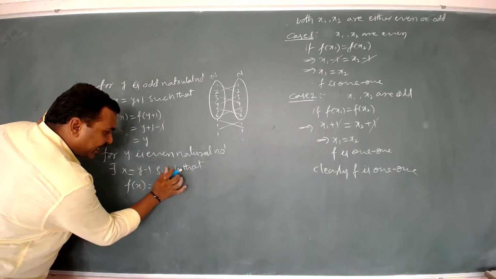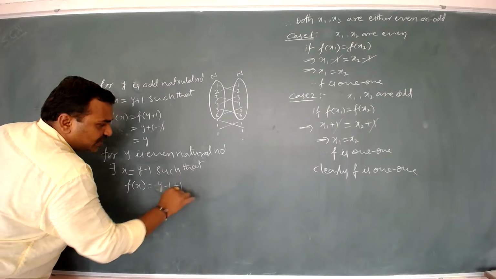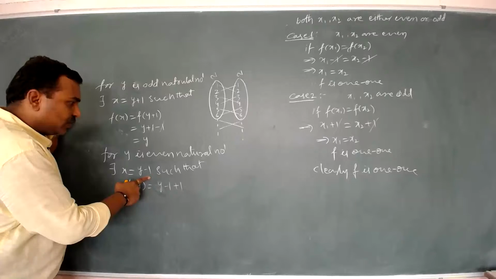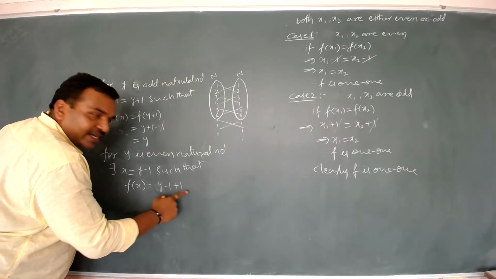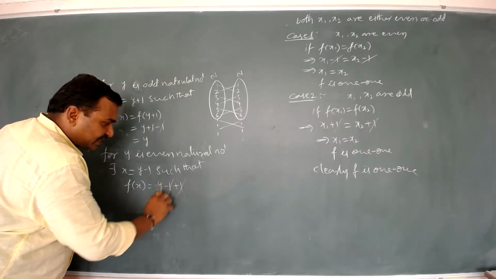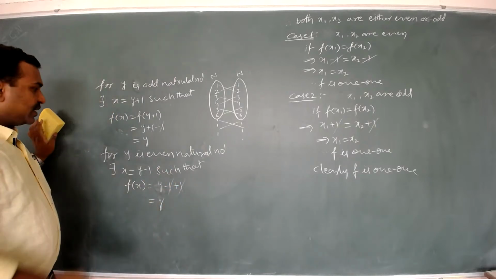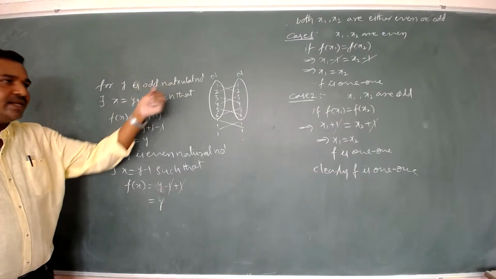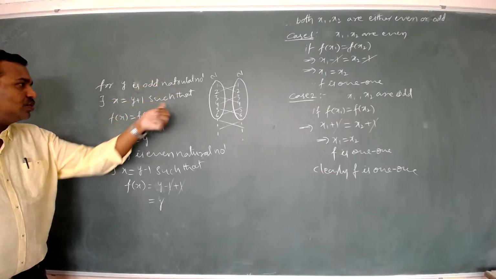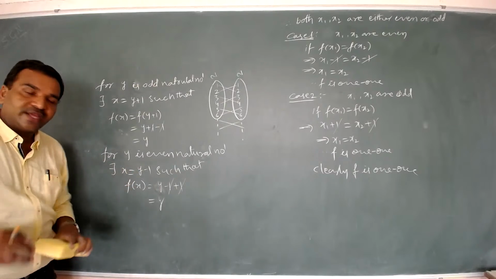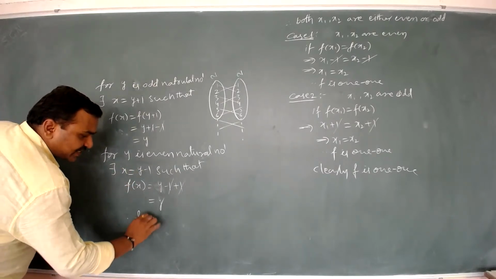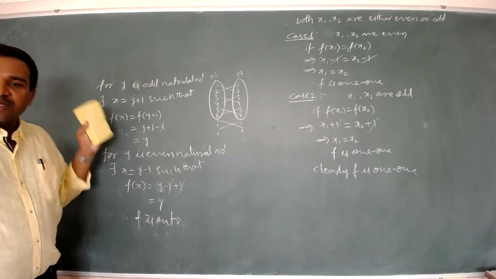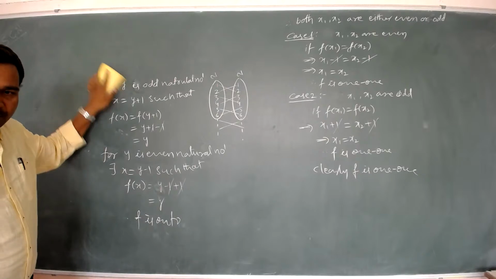If you take x plus 1, that is y minus 1 plus 1, because y is even, then y minus 1 is odd now. So x plus 1 applies, and it cancels. Okay. What is the conclusion? In both the cases, for every y belongs to codomain, there exists x belongs to domain such that f of x equal to y. Therefore, f is onto. So clearly we can say in both the cases, f is both 1-1 and onto.